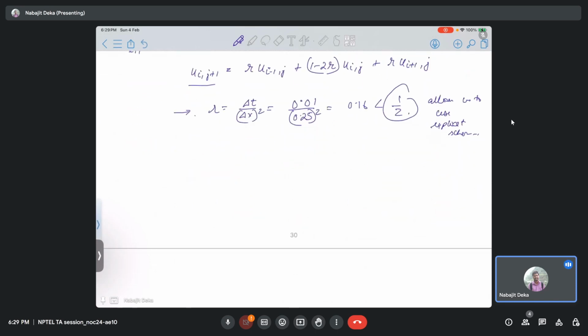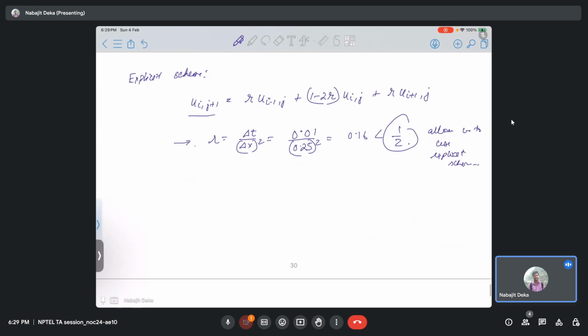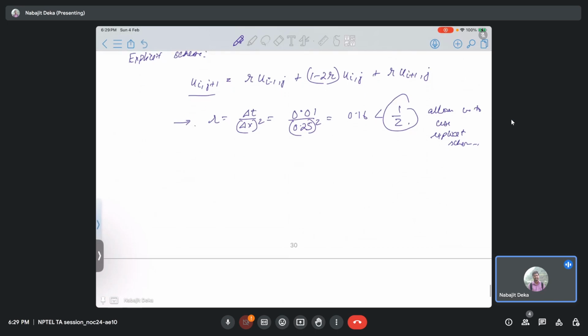Now we can also use the implicit scheme here because it is stable for all r. But since this r value is less than 0.5, we'll choose the explicit because that means less computation, and it will also be stable for these values, right? So we'll use this explicit scheme.